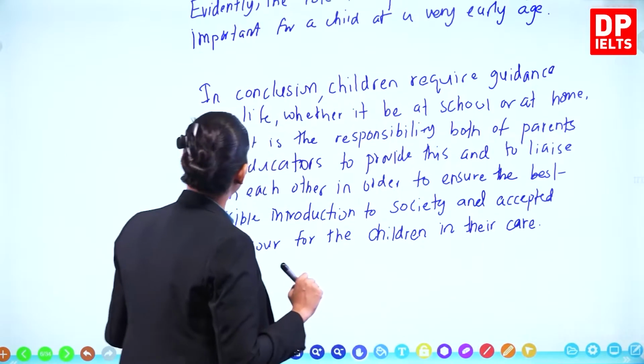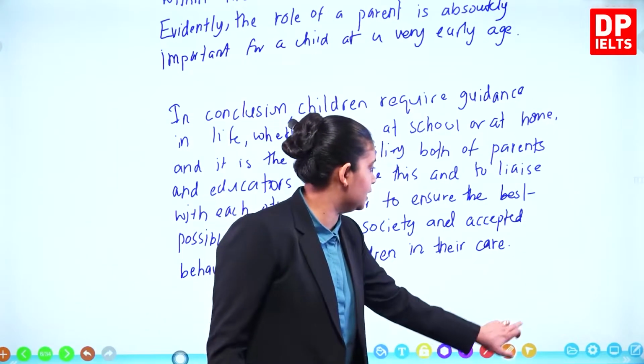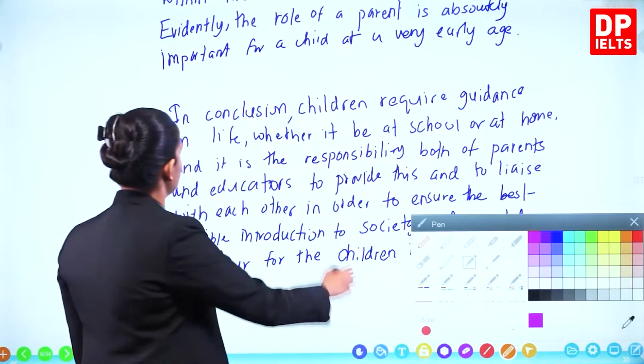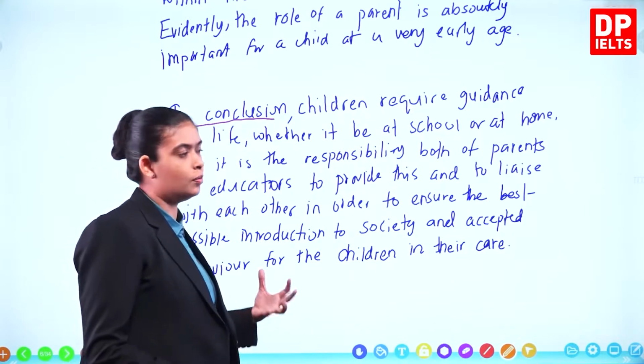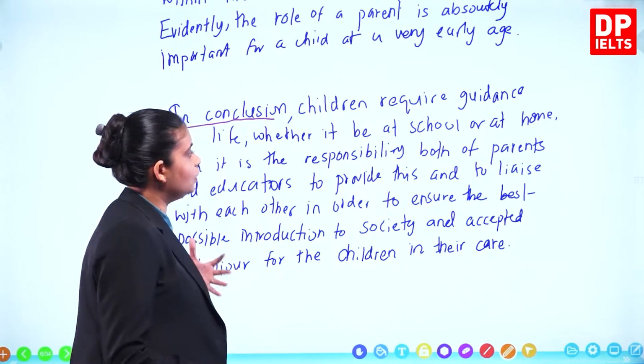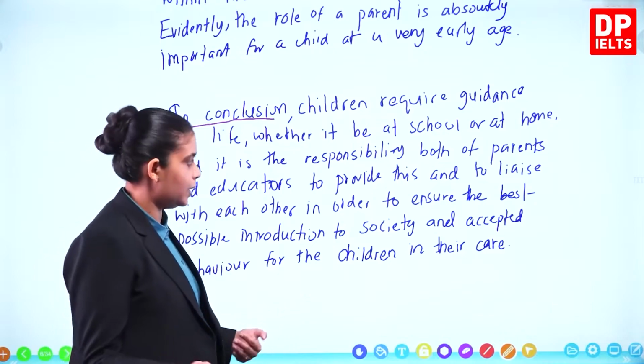Right, so here if you can see, now the last paragraph is the conclusion. So you say in conclusion. Children, no matter what, require lots of attention from school as well as from their parents.